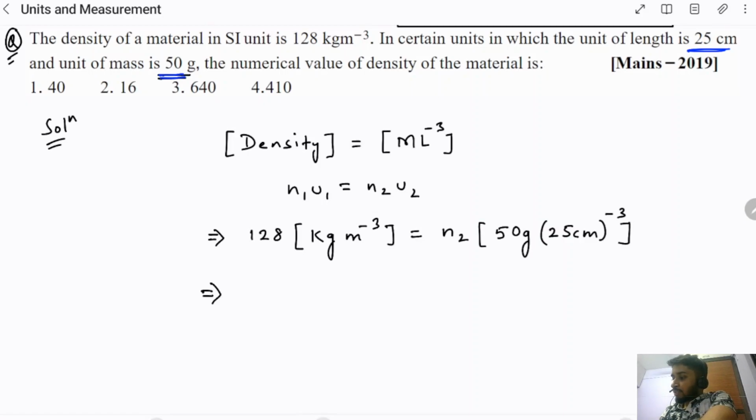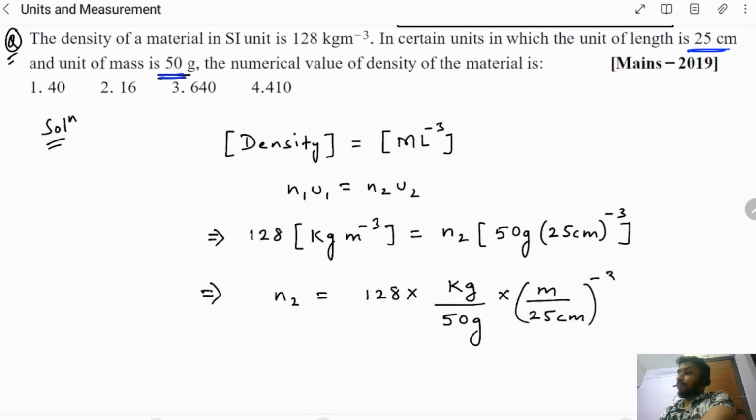So that will give us n2 as 128 into kg by 50 gram into meter by 25 centimeter whole to the power minus 3. Okay, now let us simplify this.